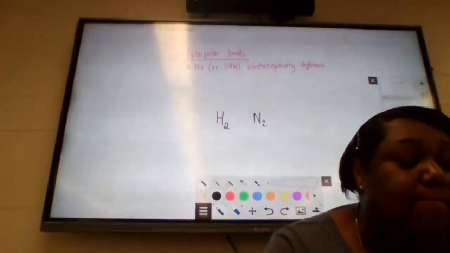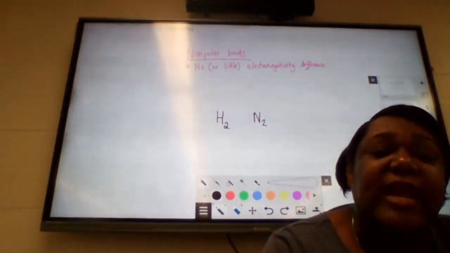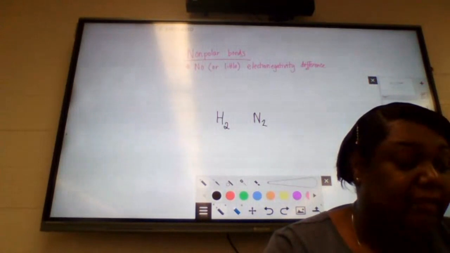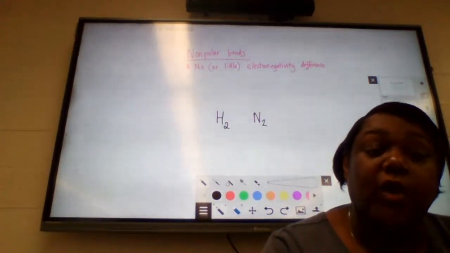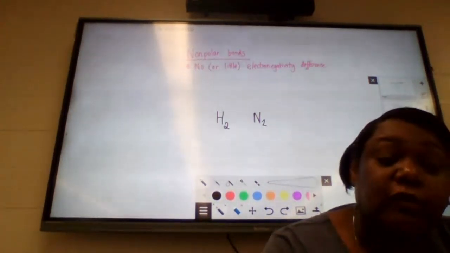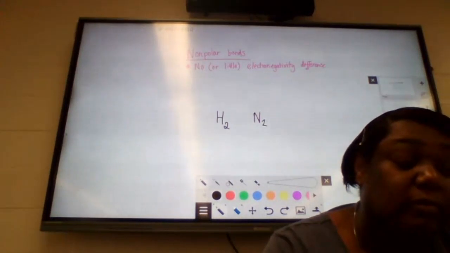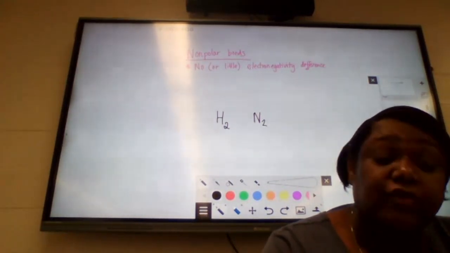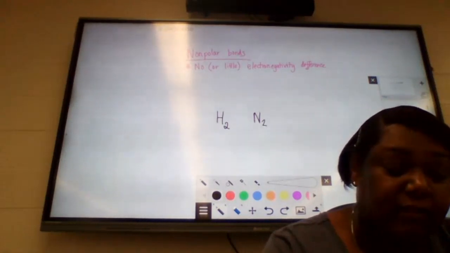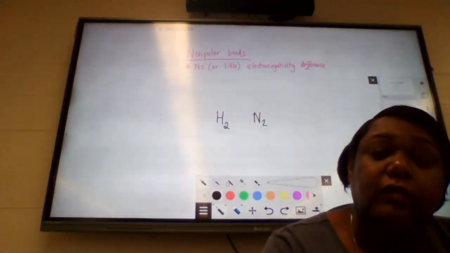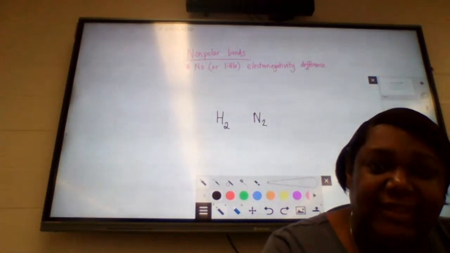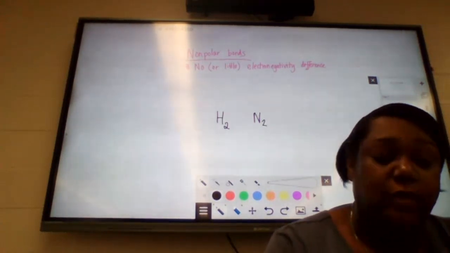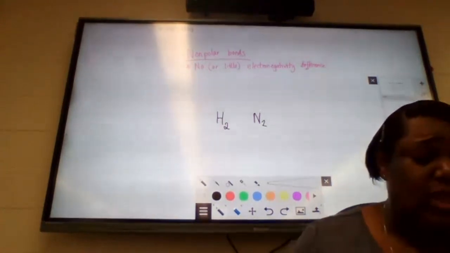Now, when you talk about polar molecules, you can have a polar bond without having a polar molecule. And in order to know whether your molecule is polar, you've got to consider a number of things, including the symmetry that your molecule has. If your dipoles are all symmetric, then you actually create a nonpolar molecule, even though there are polar bonds there.